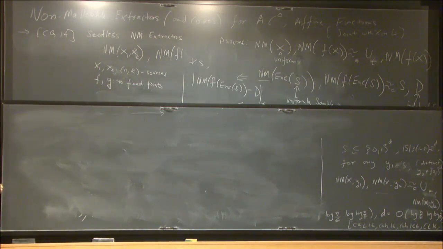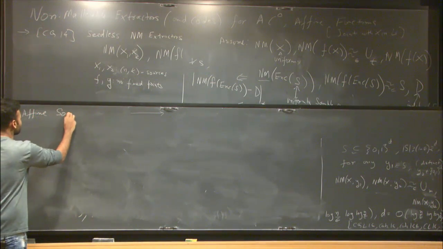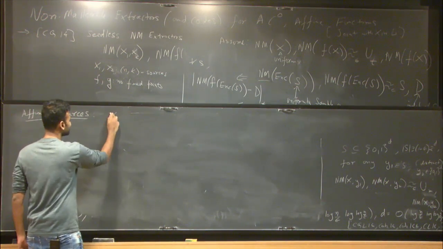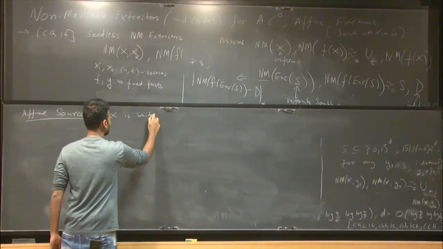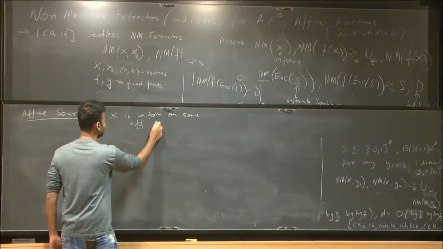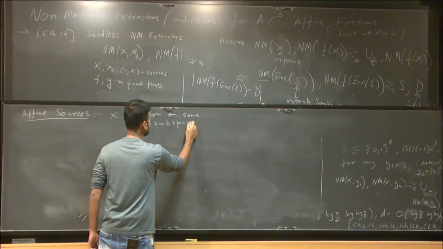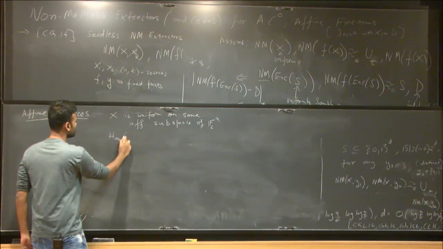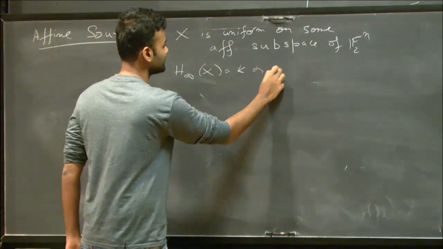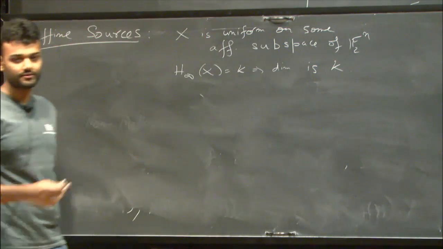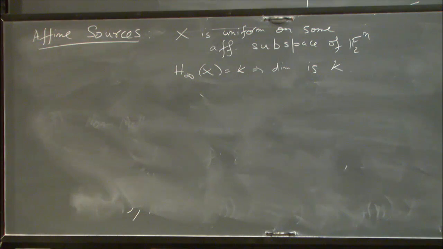Good, ask. So X is uniform on some affine subspace of the space. So the entropy of X being K implies the dimension is at least K.